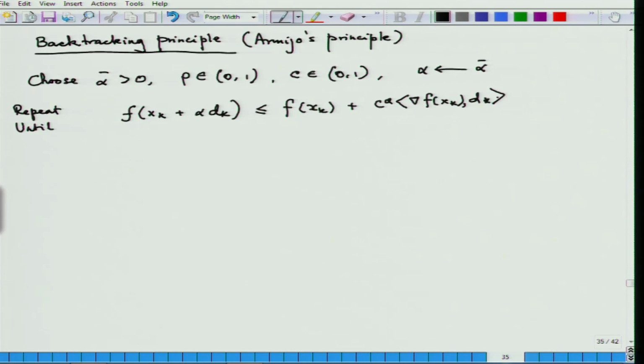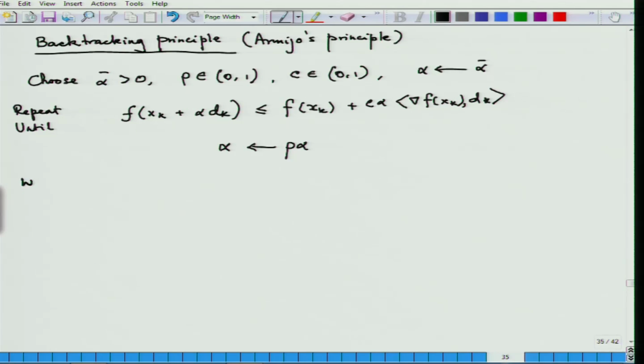Take an alpha, it is alpha bar, and you see that this condition is not met for the chosen C. What do you do? If this condition is not met, you reduce alpha by a certain amount. You take a fraction of alpha bar and put it as the new alpha, and then check with the new alpha whether this condition is satisfied with this particular C. If it is not, you go on doing this.